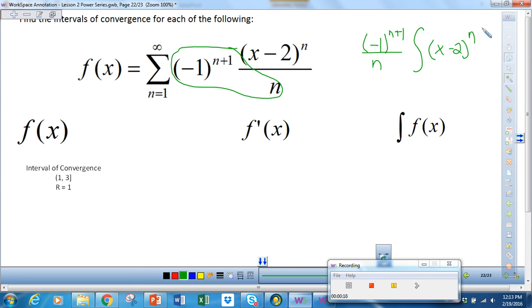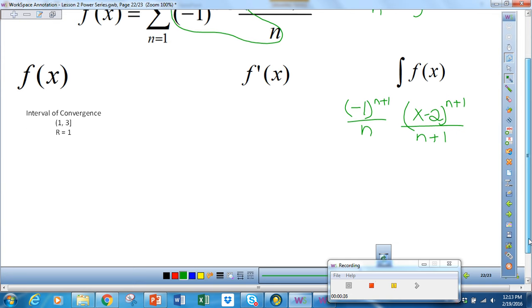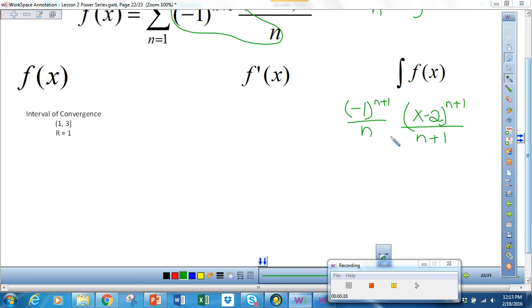And recall from the power rule, all this stays here, negative 1 to the n plus 1 over n, and this becomes x minus 2 to the n plus 1 over n plus 1. Okay, so now this is our integral.